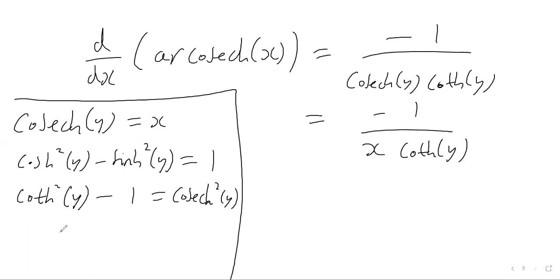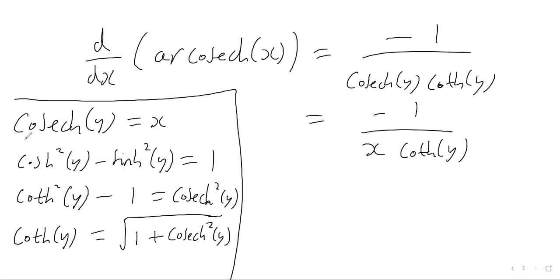Rearranging this to make coth the subject of the formula, you get coth of y equals the square root of 1 plus cosech squared of y. And of course, as we know up here, cosech of y is just x.